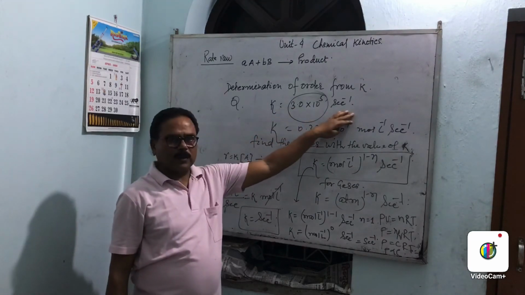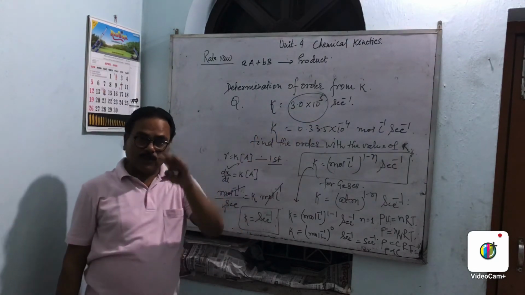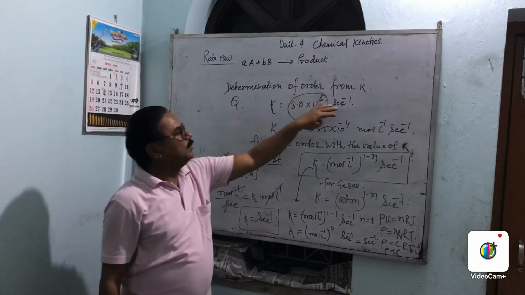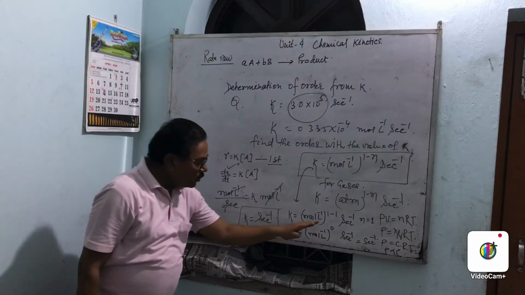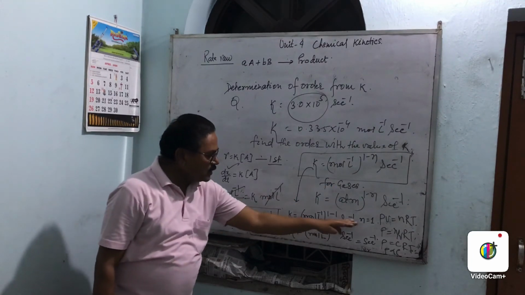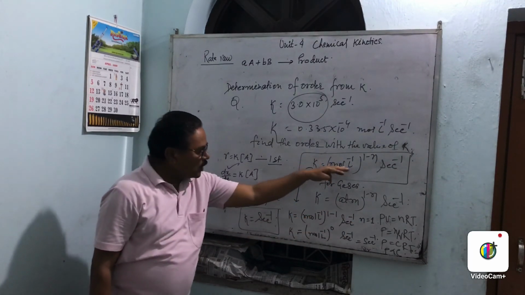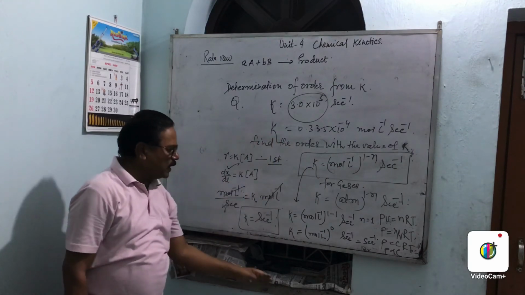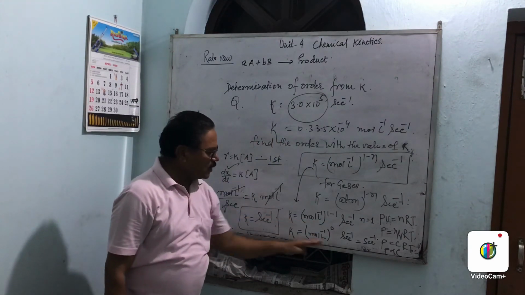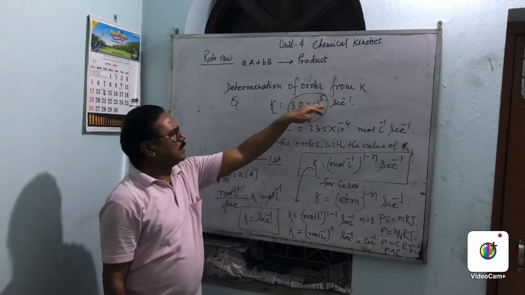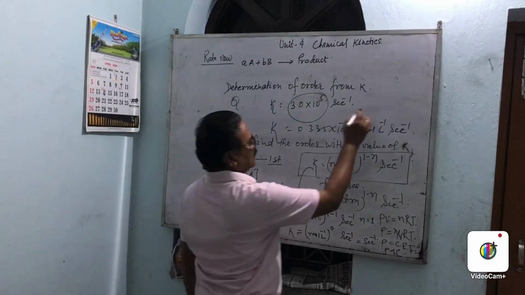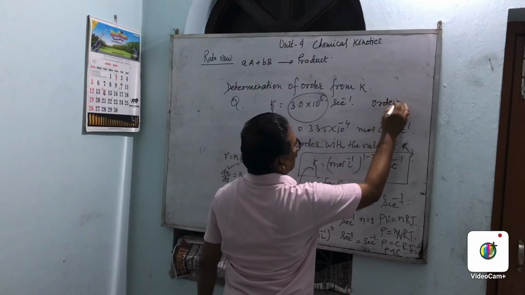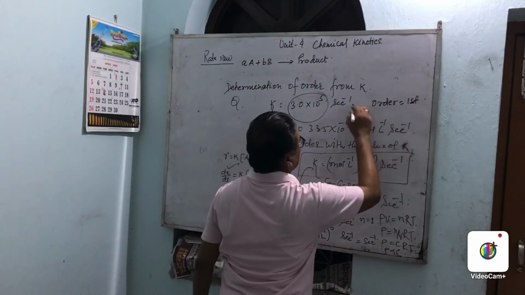From the unit of the rate constant we are able to predict the order of a reaction. So on putting n as 1 in the formula, or calculating manually, we see that k comes to be second inverse. Here it is second inverse, so its order is first order. Order is first for that reaction.